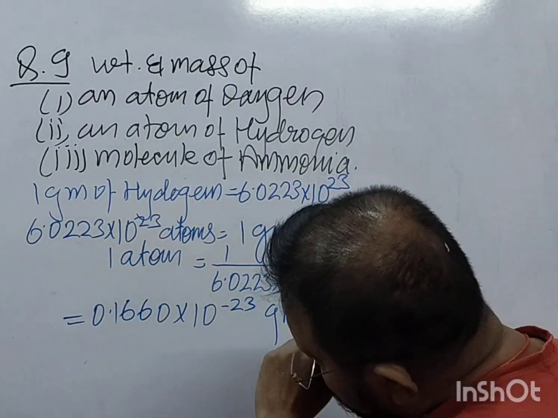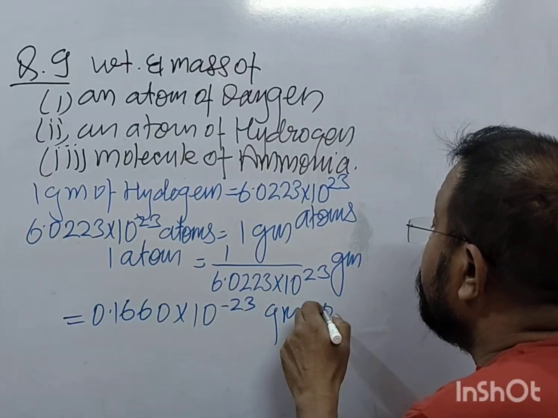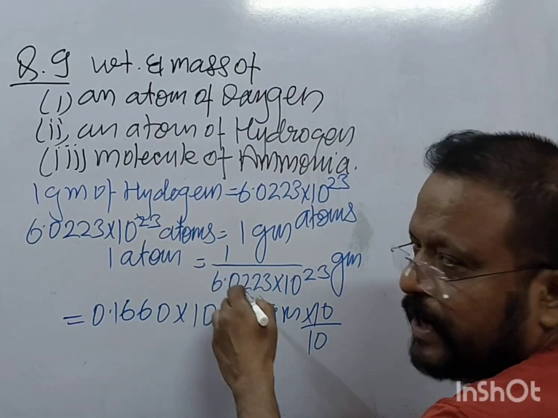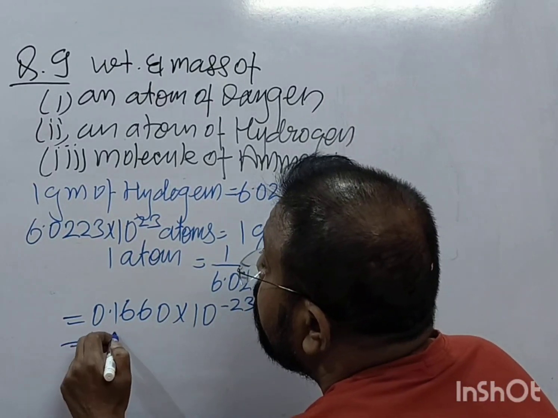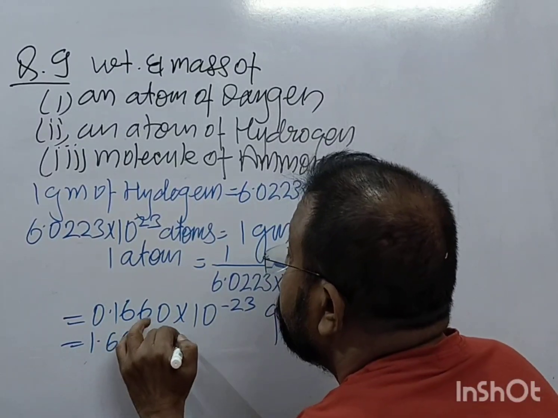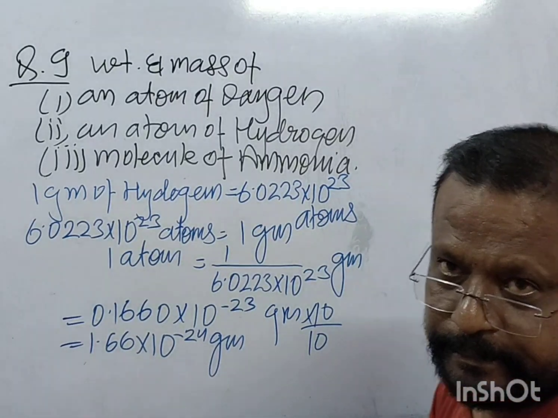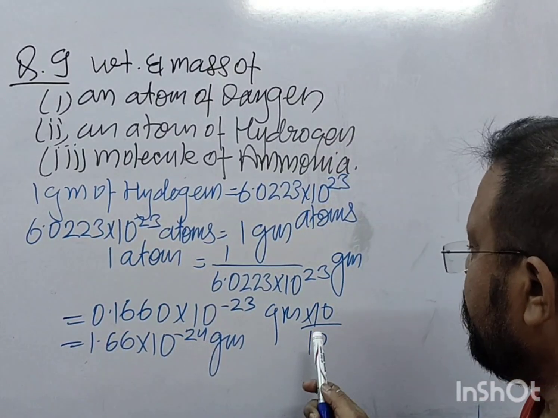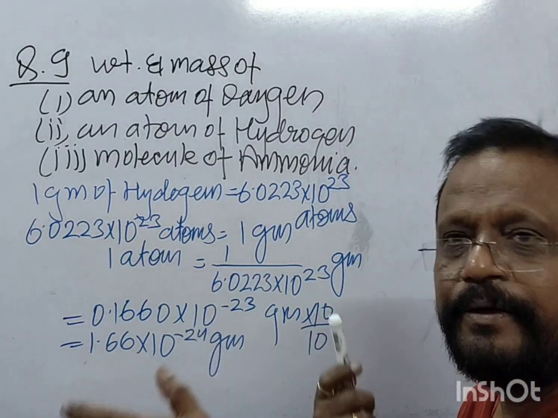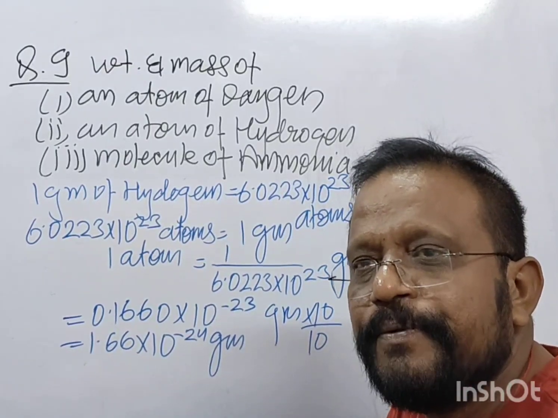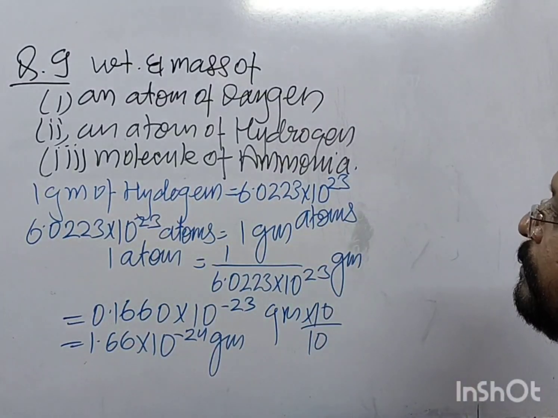Now what you do, if you multiply by 10 here and 10 here, this 10 goes up, so it becomes 1.66 into 10 raised to the power minus 24 gram. You get it? This 10 is multiplied by this, it becomes 1.66, and this goes up, so minus 23 minus 1 becomes minus 24 gram. That's the logic. Should I write up the next one?